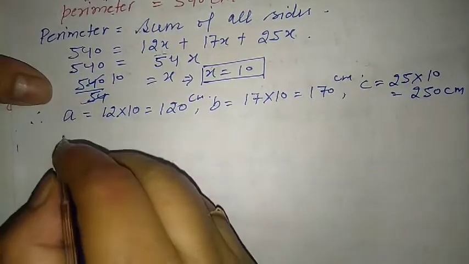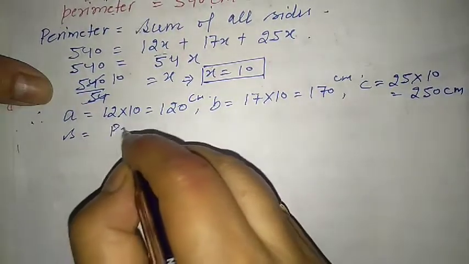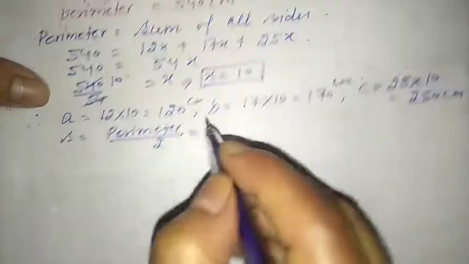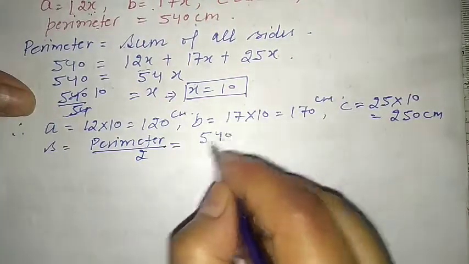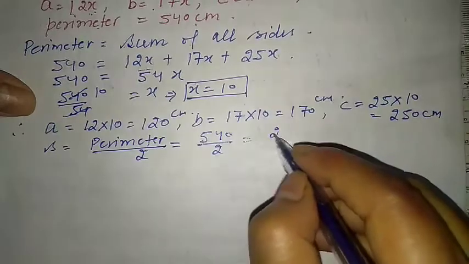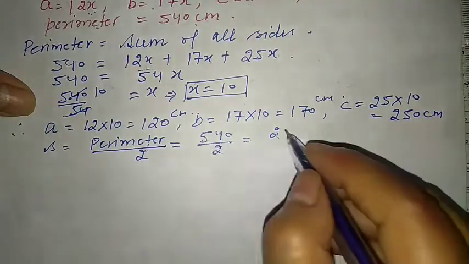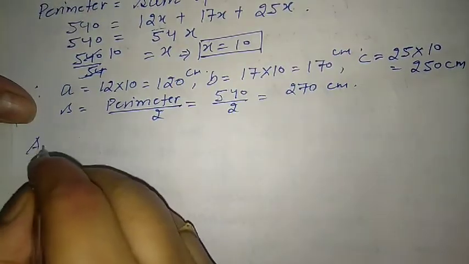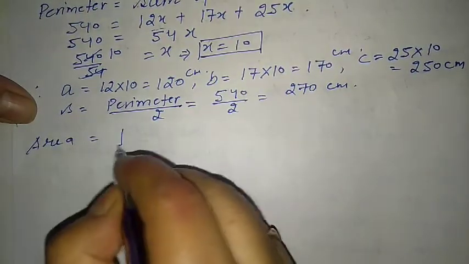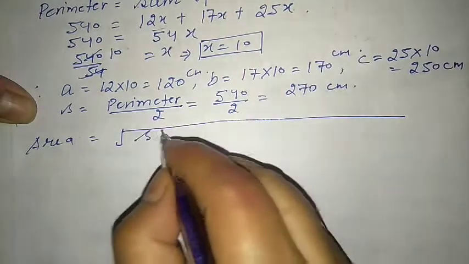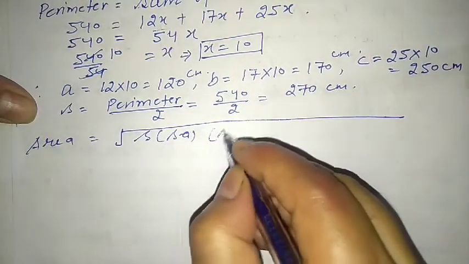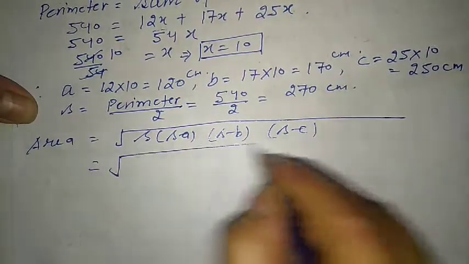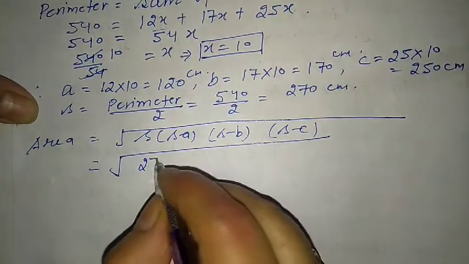And S is equal to perimeter divided by 2. Perimeter is 540 divided by 2, so we have 270 centimeter. Now the area: again the formula we apply is root of S into S minus A, S minus B, S minus C. S we have here 270.